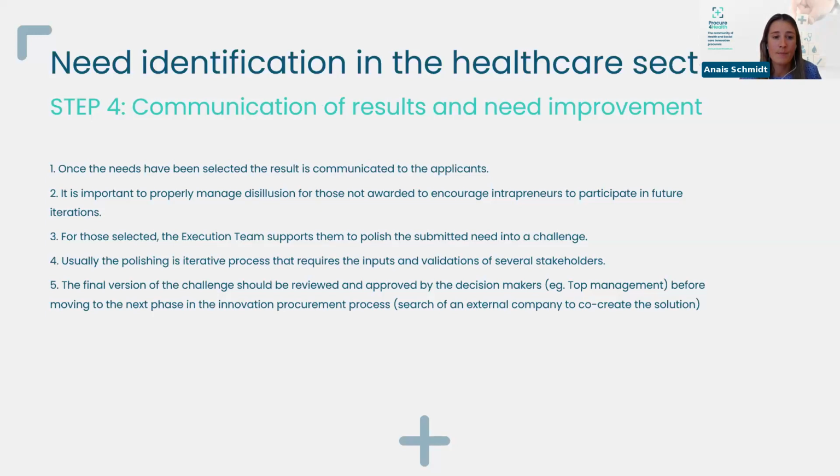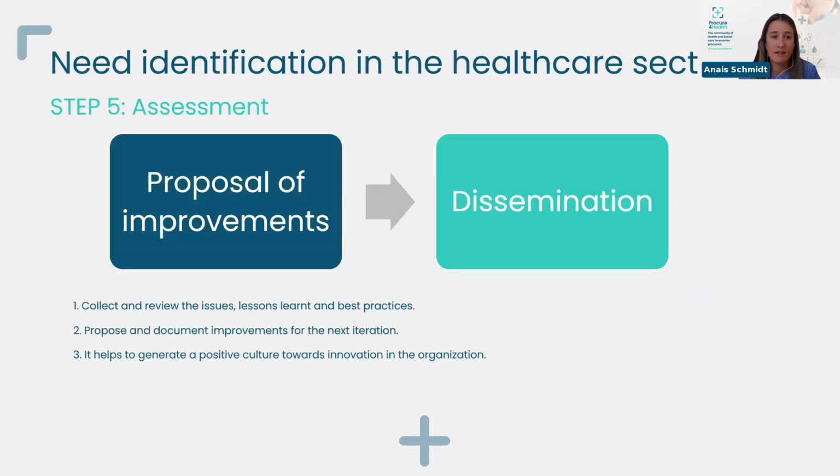After this, the selection of these needs is when the healthcare professionals, together or jointly with the healthcare organization team, will be polishing this need to turn it into the challenge. And the final step, step number 5, is the assessment of the call for identification of unmet needs.